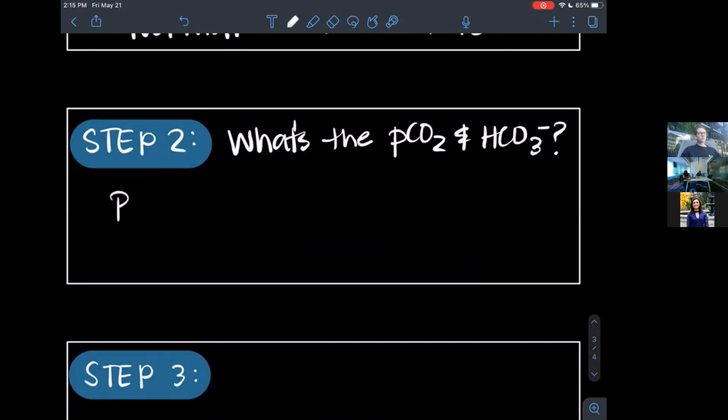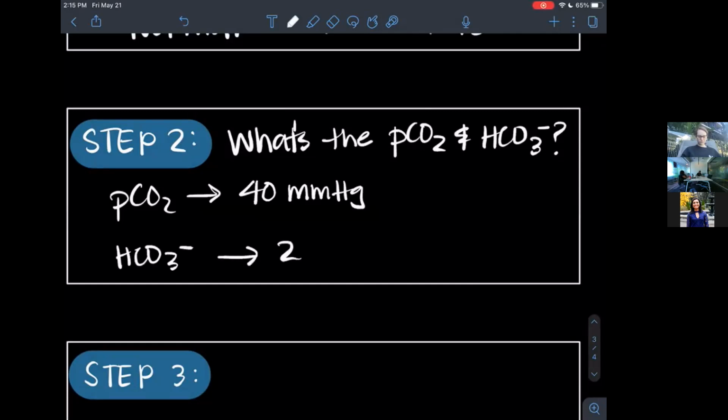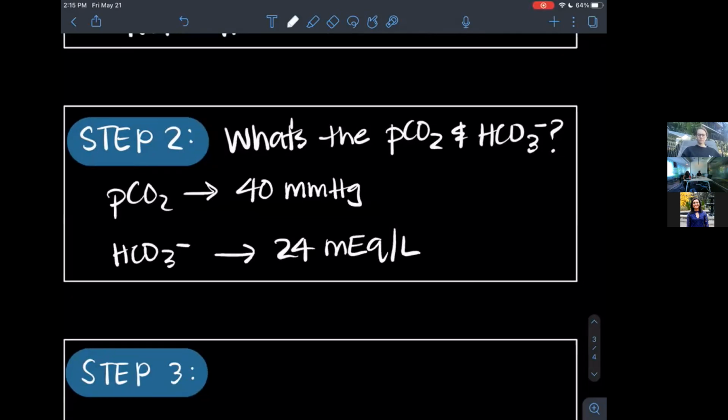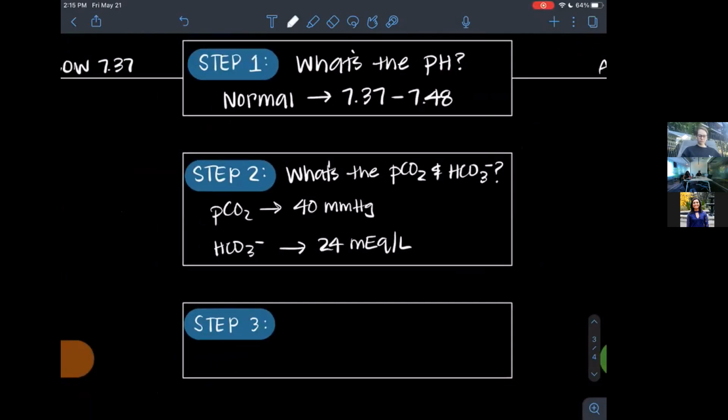So your PCO2, normally it's going to be between 35 and 45, but I would just say think 40. 40 is your normal. Your bicarb normally is between 22 and 28. I would say think 24 as your normal. Cool. Those are your normals.